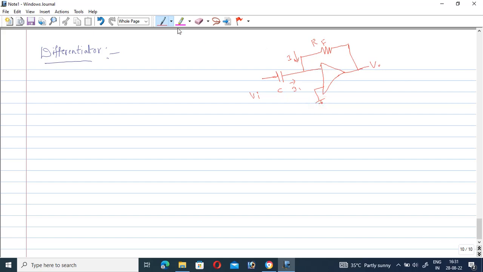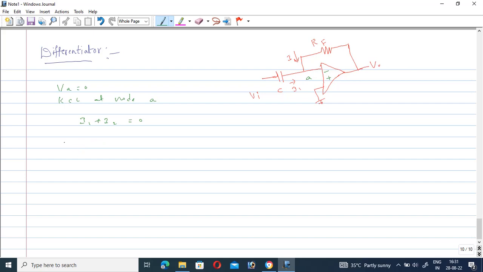So this is inverting, this is non-inverting. From the virtual short concept, VA is equal to 0. KCL at node A: I1 plus I2 equal to 0 is the KCL equation.